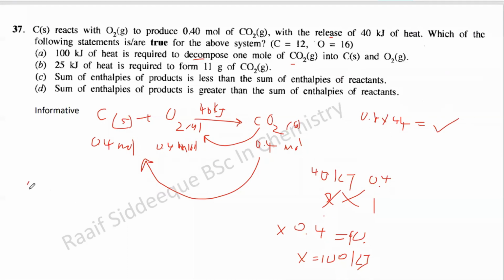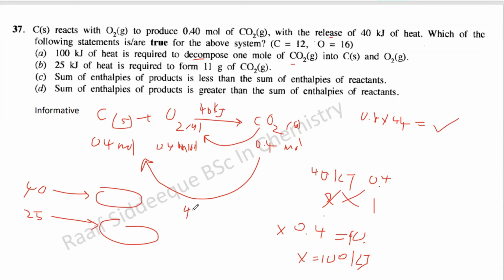Then you can deduce that 40 kilojoule gives this amount of grams, so 25 kilojoules should give this amount of grams. Okay, so you can imagine. When you go with grams, that is not always good. So try to go with moles and then convert that into grams. For an example, 40 kilojoule gives 0.4 moles. Then try to calculate for 25 kilojoule how many moles. So we will do that.